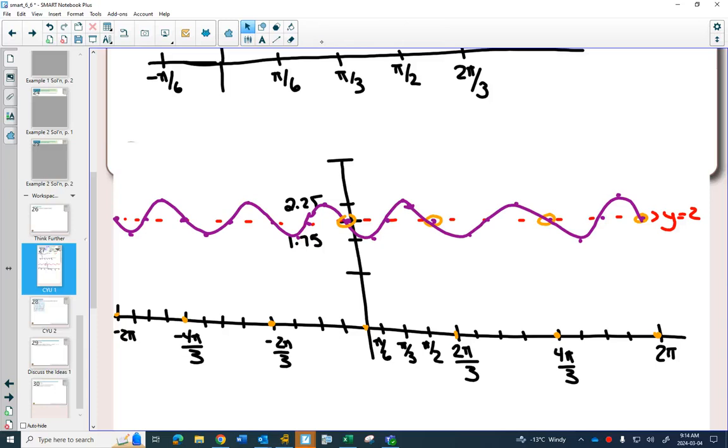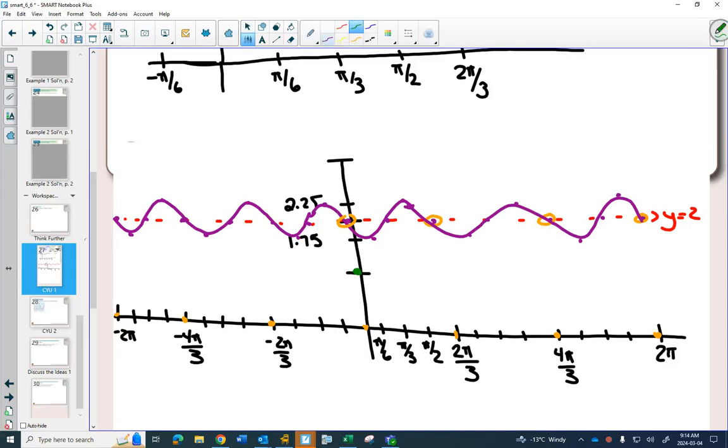It just is annoying to take extra time, but it's sometimes nice to see that we've taken one period, which was 2 pi, and we squished it, right? Can you see how it got really horizontally compressed by that 1/3? We can really see that if we recognize that our normal cosine graph would have looked like this.